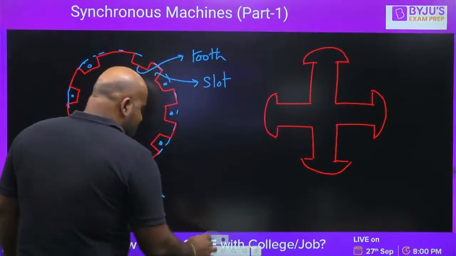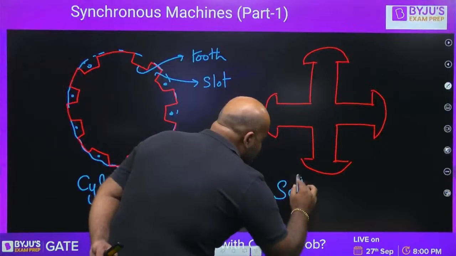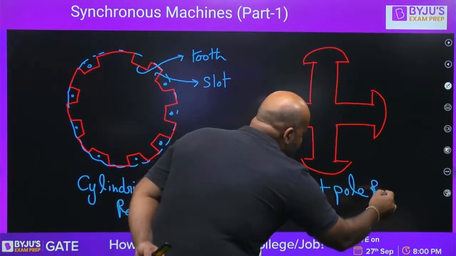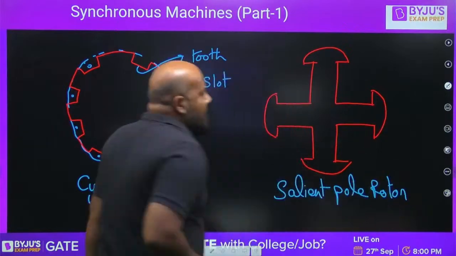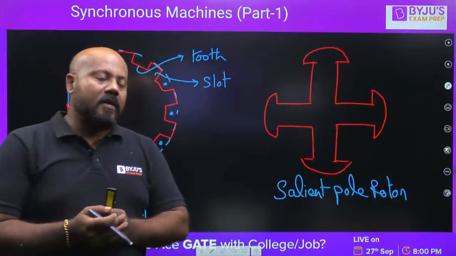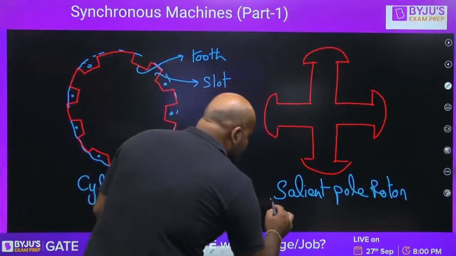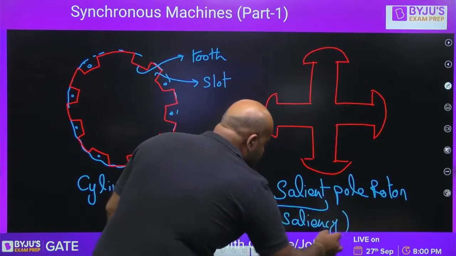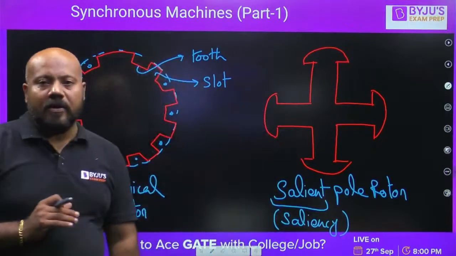So you see, this is called a salient pole rotor. You see these poles are projected. They are having saliency. That is why they are called salient pole rotors.